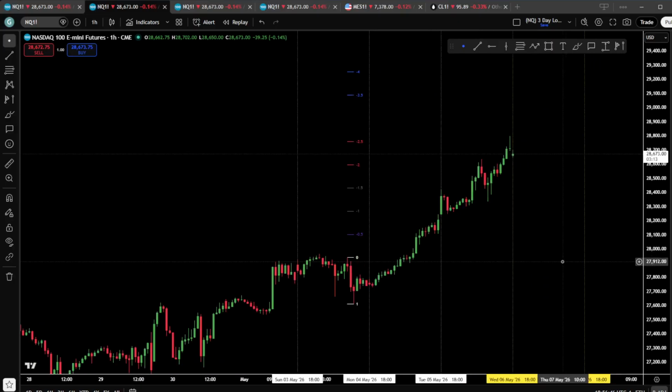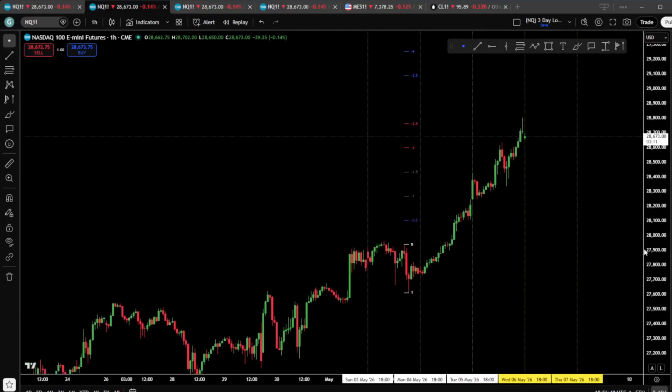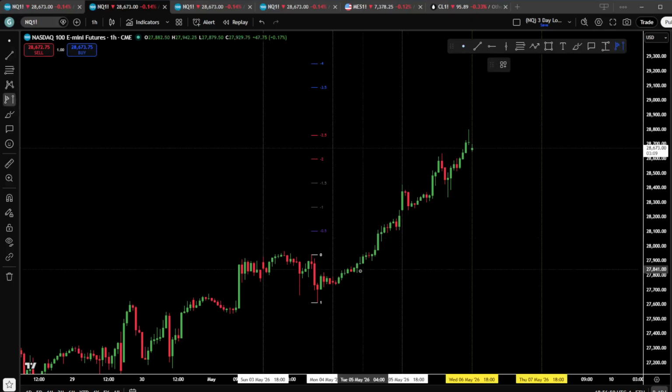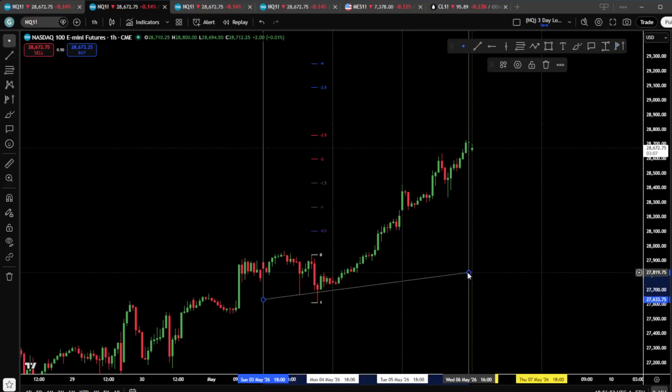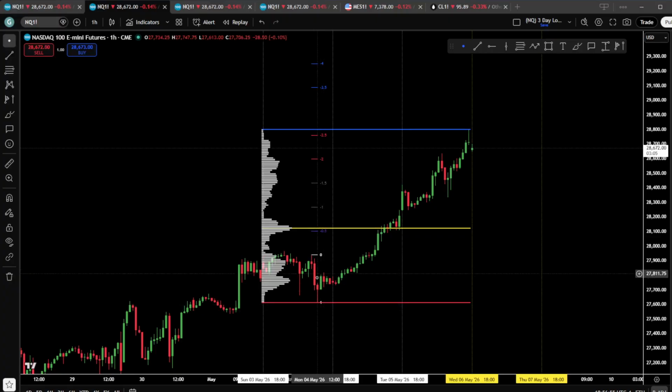Look at a 3-day look back. Here we can look at the current weekly profile that we're trading inside of. We have a Monday low of week inside a PD array of interest inside of the previous week's range, as we saw on the 4-hour, and from there the market broke structure and started trading higher.